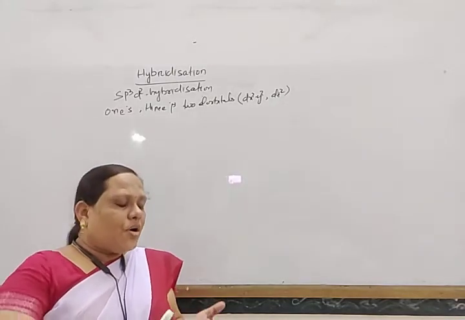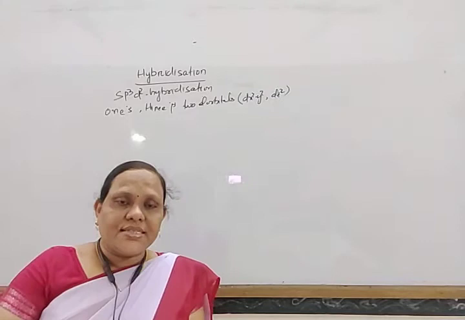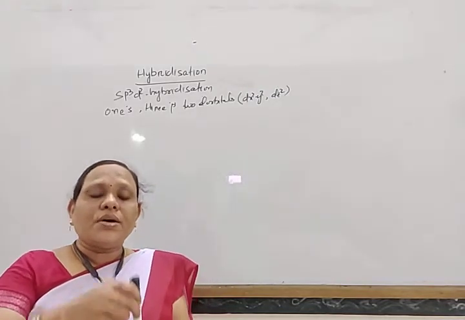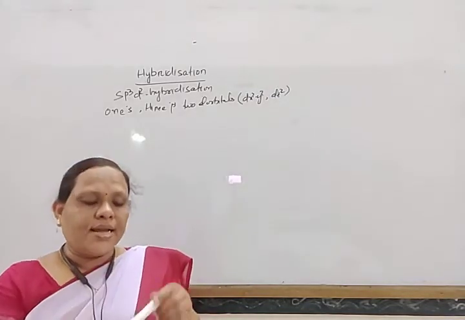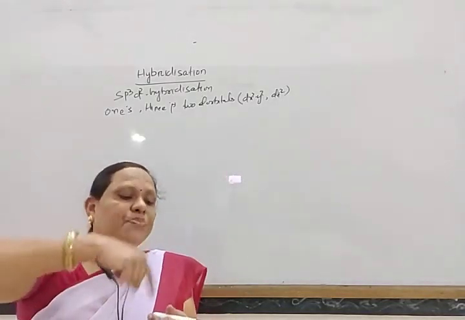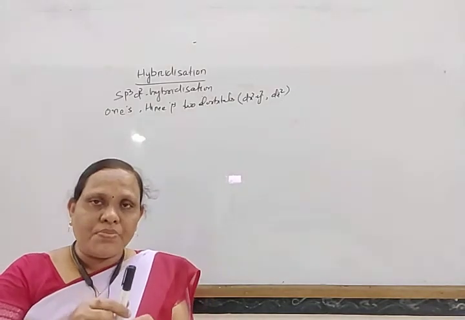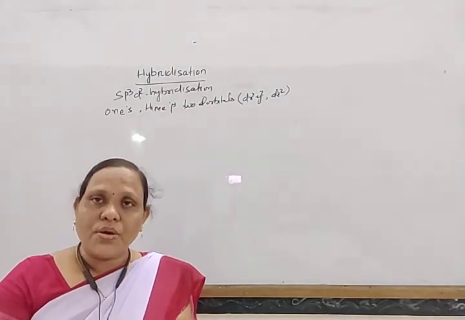That means four of them make a square, and another two remain above the plane and below the plane. So four of them are pointed towards the corners of a square, and one remains above the plane and another below the plane.